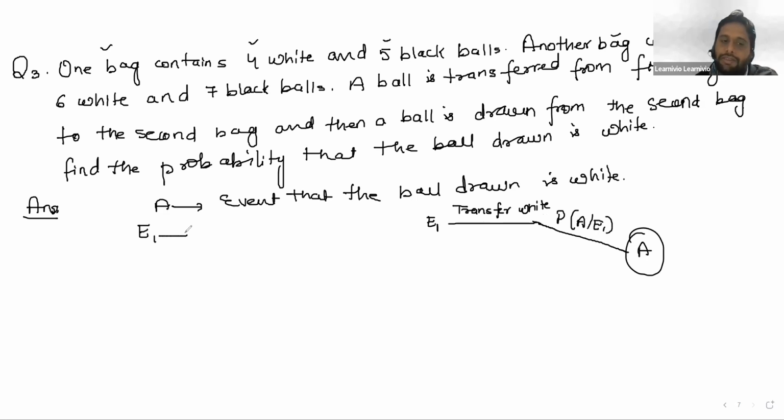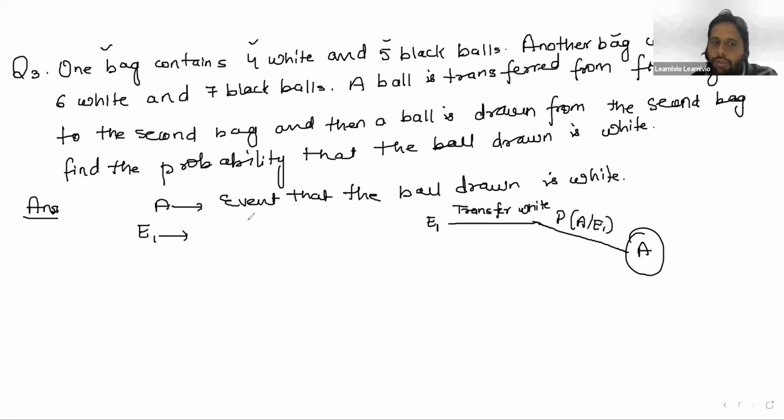We will not write selecting a bag. In the previous questions it was not given from which bag we draw, but in this question they have clearly mentioned that you are drawing from the second bag, so there is no need to write selecting a first or second bag. So we will write E1.